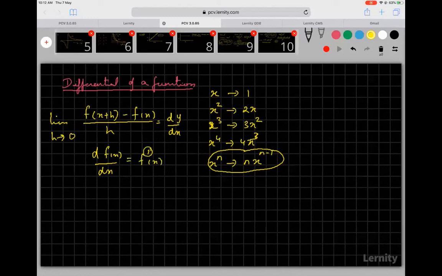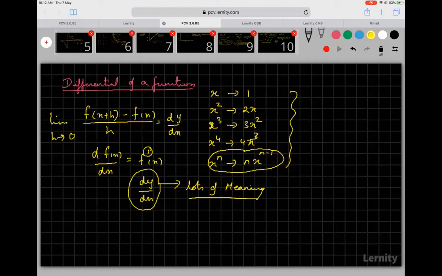So when they write f dashed of x, they mean dy by dx. Now this dy by dx has lots of meanings. So first we understand how to do it. Once we do it, then there are many meanings. We will try to get those meanings.